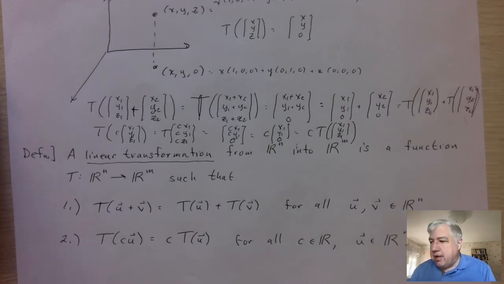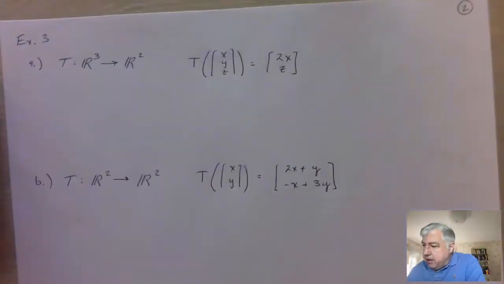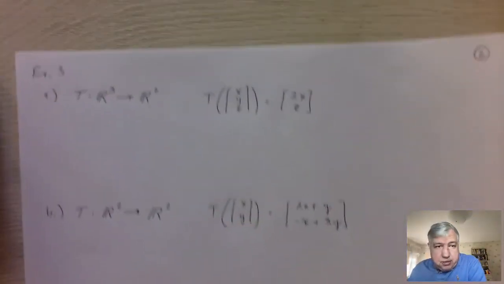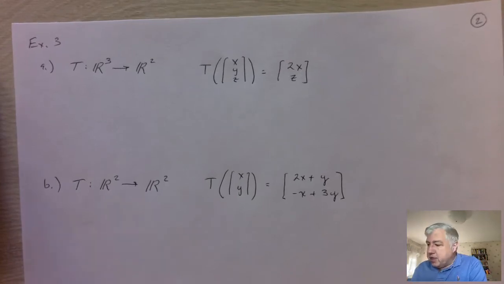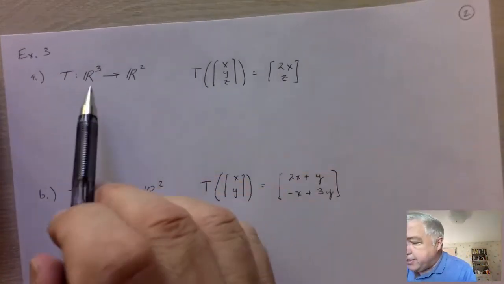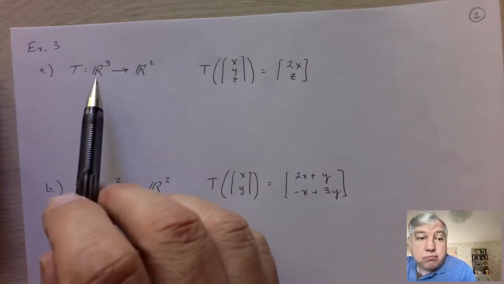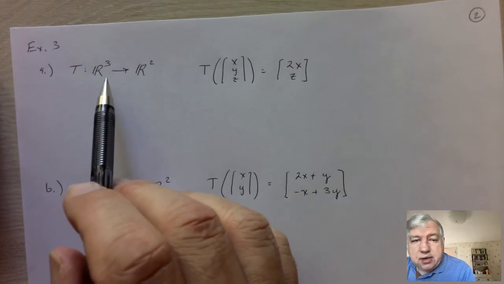Right. So these are two linear transformations, and we're coming back to these two examples again. On the next page, let's check and see if these examples are linear transformations. This is a case where the inputs and outputs are from different sets, but that's okay.